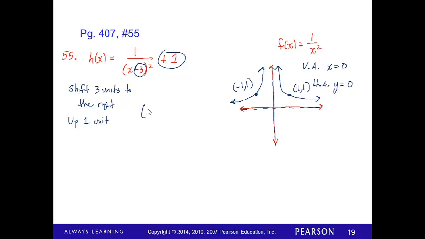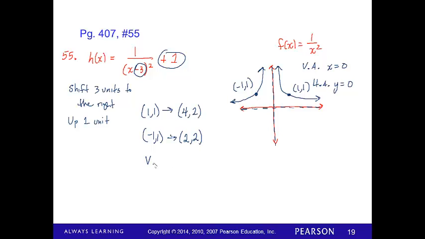So we started with our points 1, 1 and negative 1, 1. Well, shift 3 units to the right will make this 4, and then go up 1, make it 4, 2. And do the same with the negative 1, comma 1. 3 units to the right will make this a positive 2, and going up will make it a 2.